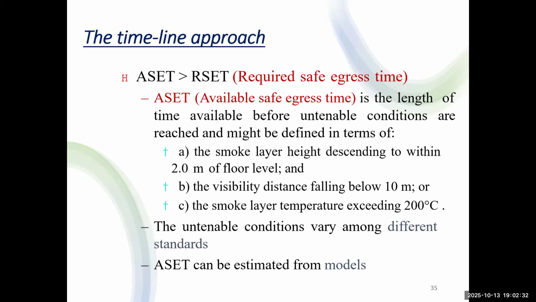ASET is the time from ignition until the conditions in escape routes become untenable. We define the untenable conditions based on criteria like the smoke layer height, the temperature, or the visibility. This available safe egress time can be estimated from different modes.